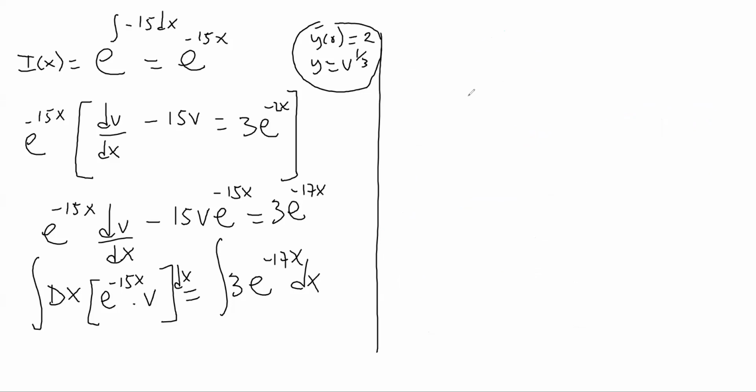Okay, so this derivative will undo this integral. So I will have e raised to the minus 15x times v will be equal to 3 times the integral of e raised to the minus 17x.